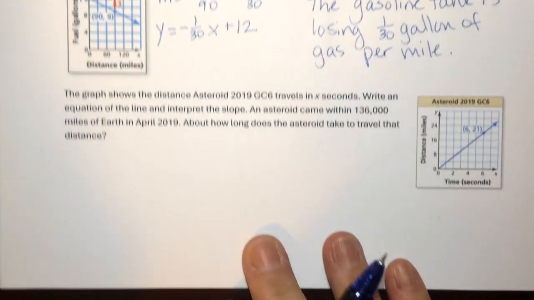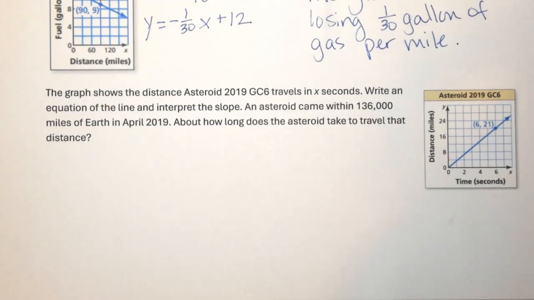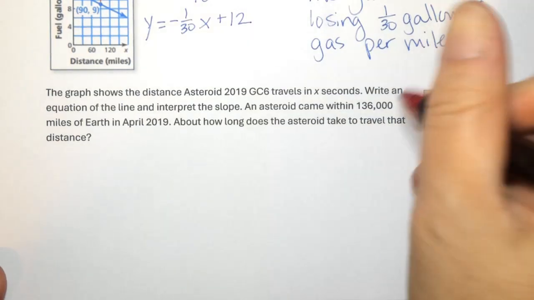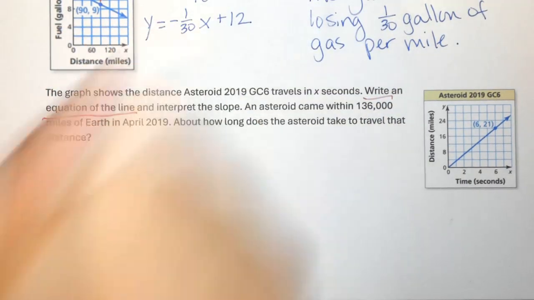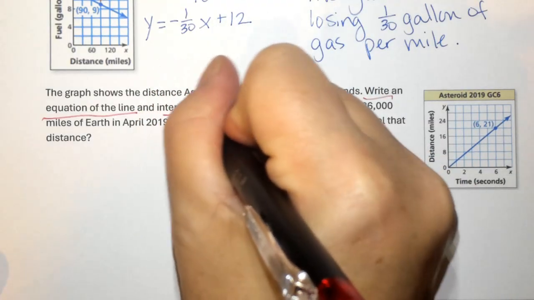Okay. So let's go into a word problem, and let's see what they want us to do. The graph shows the distance asteroid 2019 GC6 travels in x seconds. Write an equation of the line and interpret the slope.